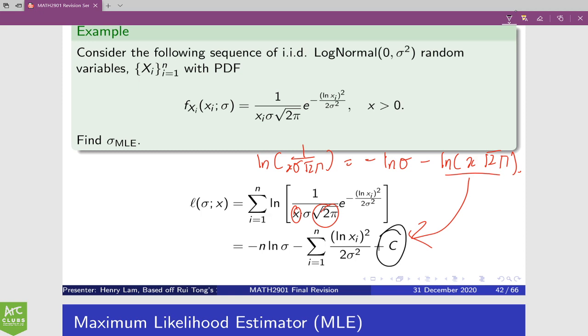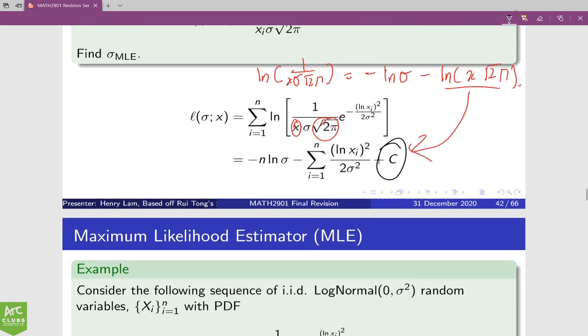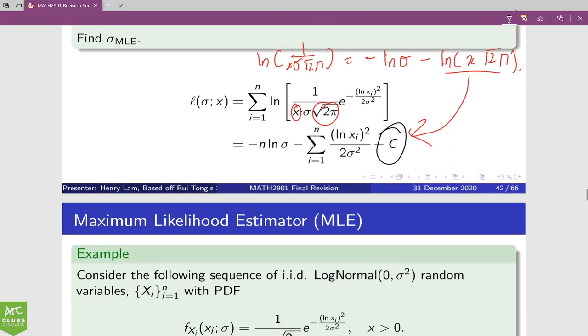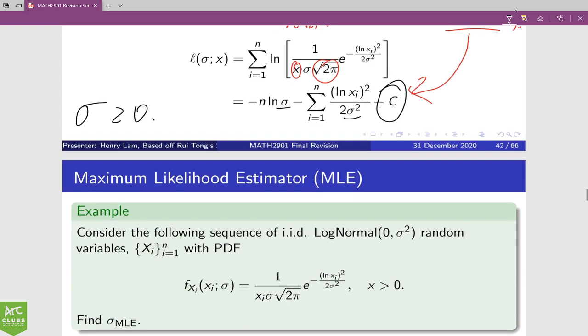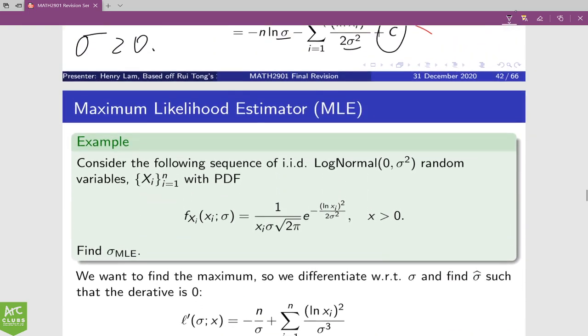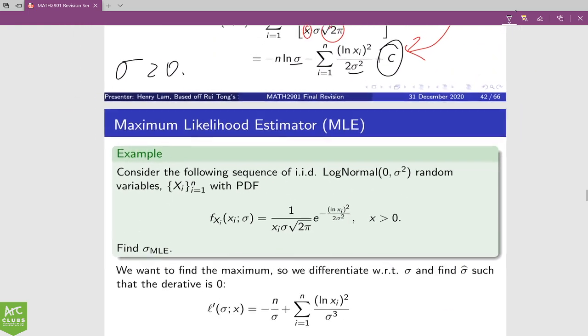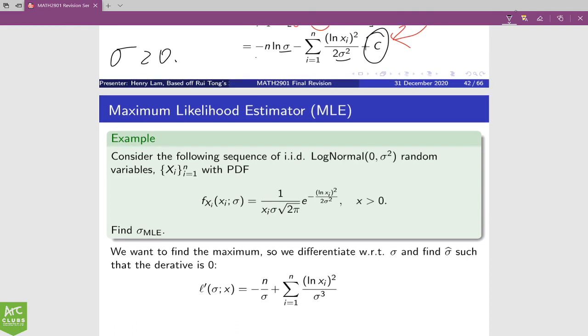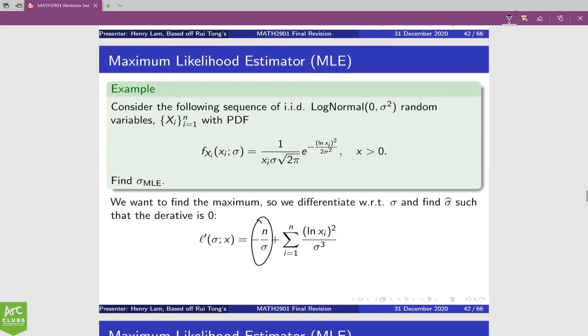Now we want to maximize this, and it's a continuous function with respect to sigma as long as sigma is greater than 0. So the way we do that is by differentiation. As you can see here, differentiating this is just this thing. Differentiating this, the 2 cancels out, the negative cancels out as well, makes sigma cubed.